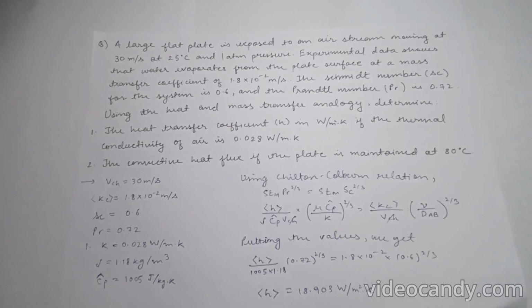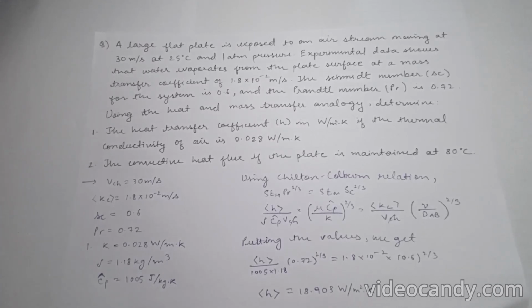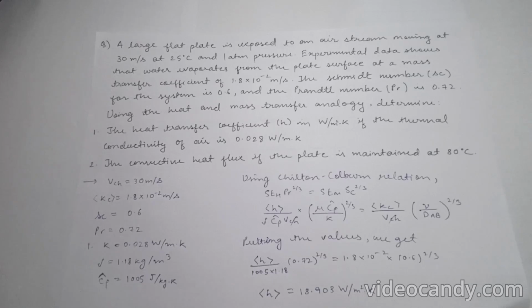So we look at our equation, that is Stanton number of heat transfer into Prandtl number to the power 2 by 3, which is equal to the Stanton number of mass transfer into Schmidt number to the power 2 by 3. We substitute our formulas of Stanton number, which is the average heat transfer coefficient upon density into heat capacity into characteristic velocity, into the Prandtl number.